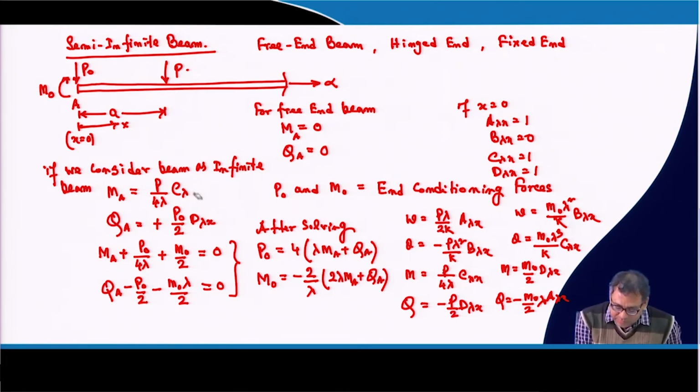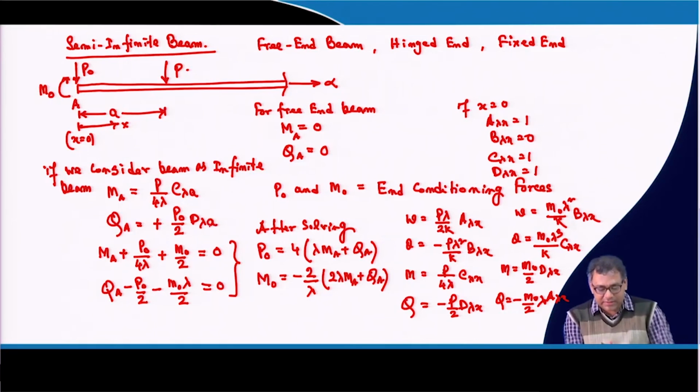I should specifically write this as lambda a, because the distance is a. So I will get MA and QA by using these two equations, and these are the end conditioning forces. That means this much of P0 and M0 we have to apply to make the net bending moment and shear force 0.